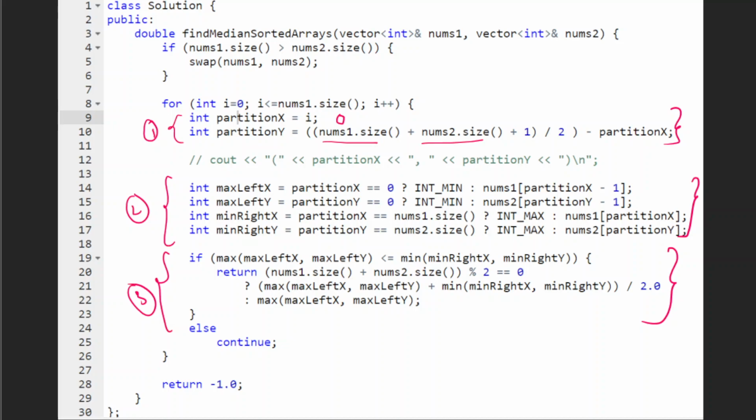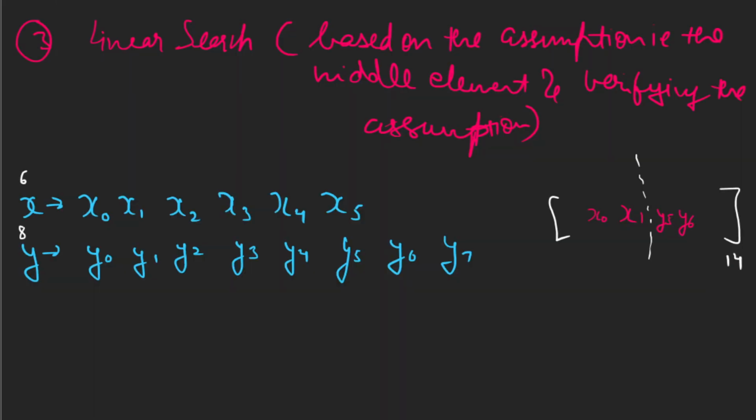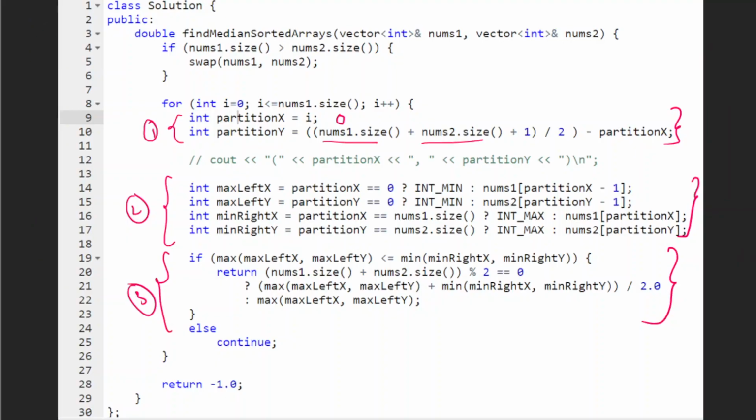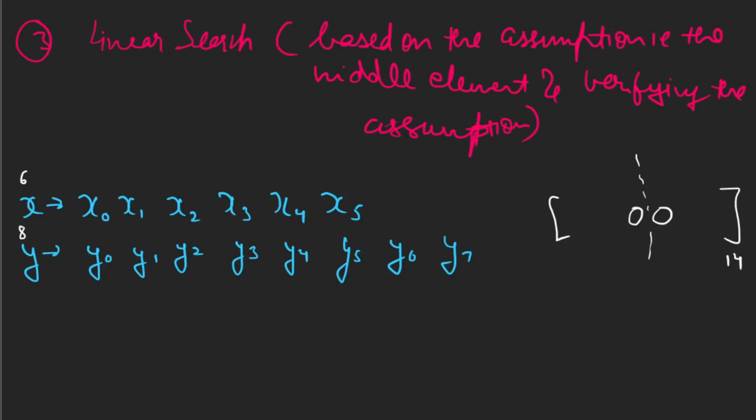The second part of the question is calculating the max left and max right, which means the elements that are on this side and on this side, so we have to calculate them. Now max left x, so this is our left side and this is our right side. So max left x means the element on this side.